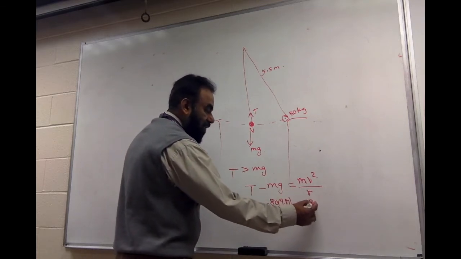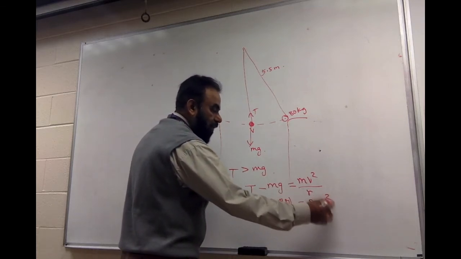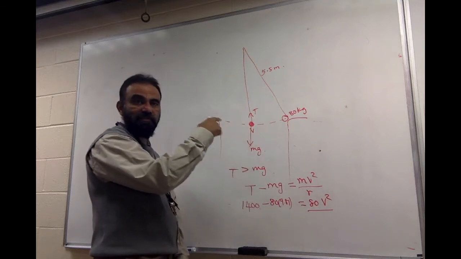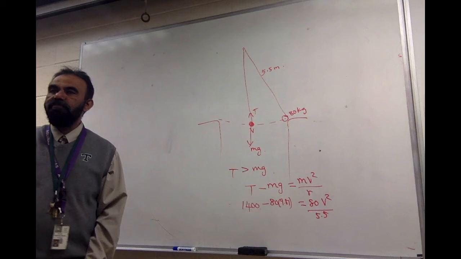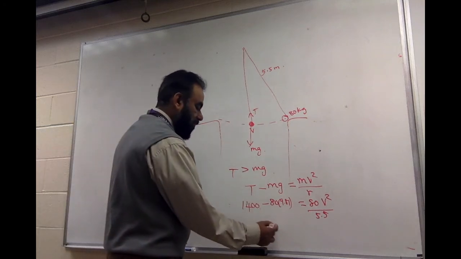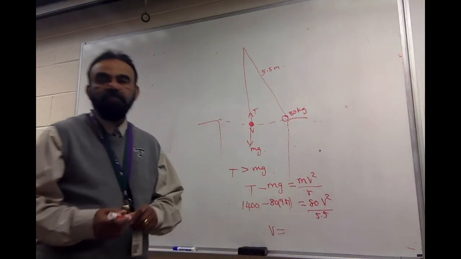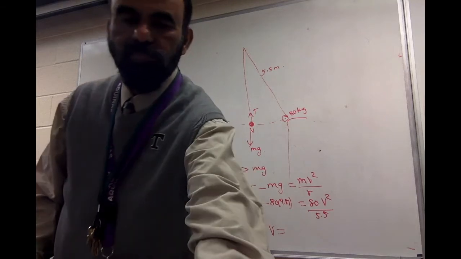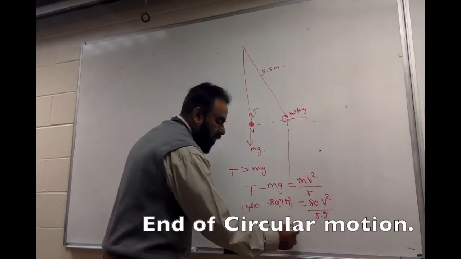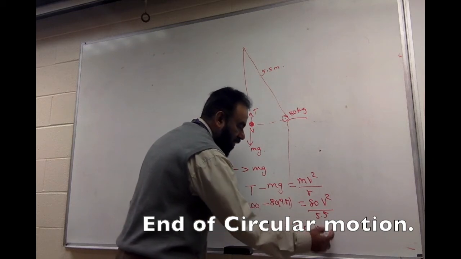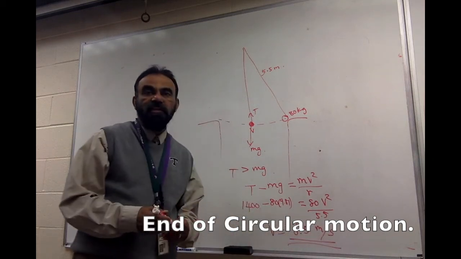Then 80 times speed squared over what's the radius of the turn? Solve this equation for velocity, that's it. Okay. 6.5 meters per second. That's the fastest he can tolerate there.